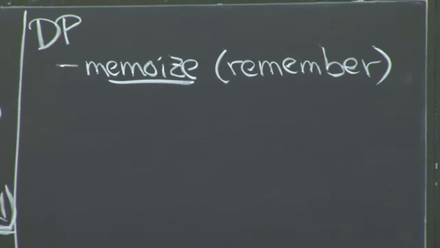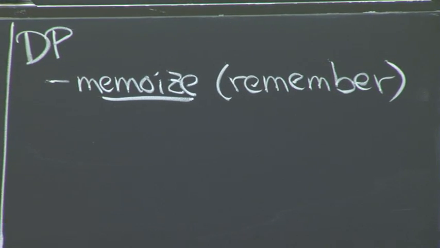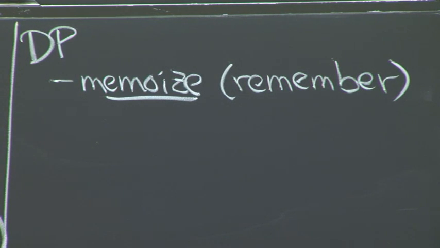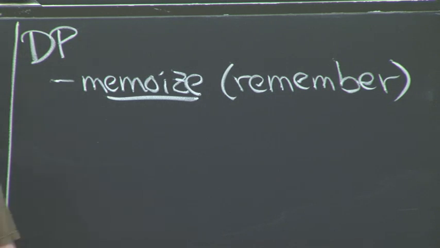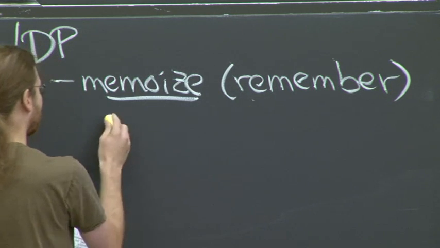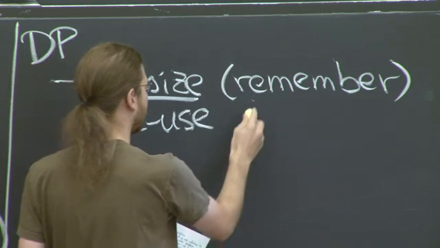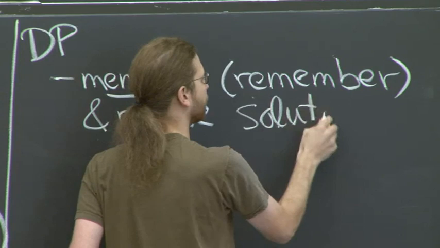The idea is you have this memo pad where you write down all your scratch work. That's this memo dictionary. And to memoize is to write down on your memo pad. I didn't make it up. Another crazy term. It means remember. And then you remember all the solutions that you've done, and then you reuse those solutions.